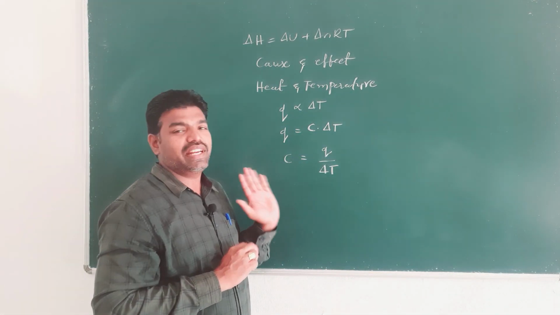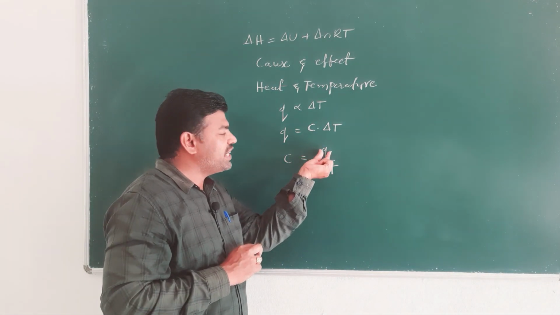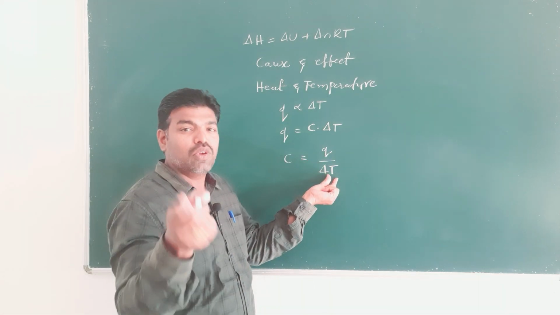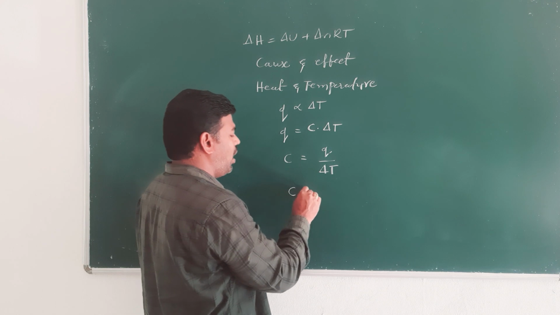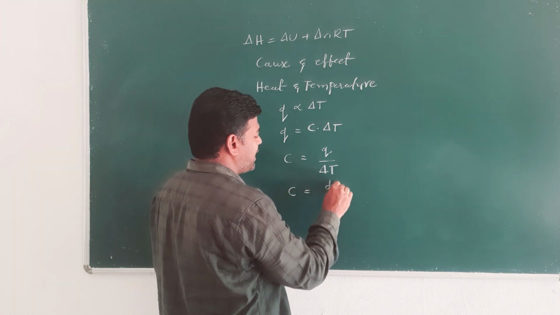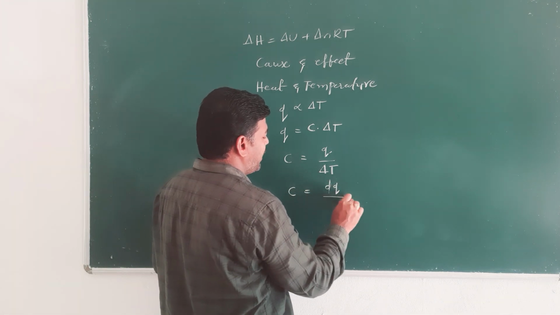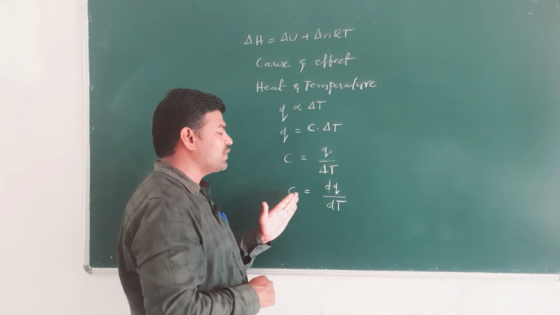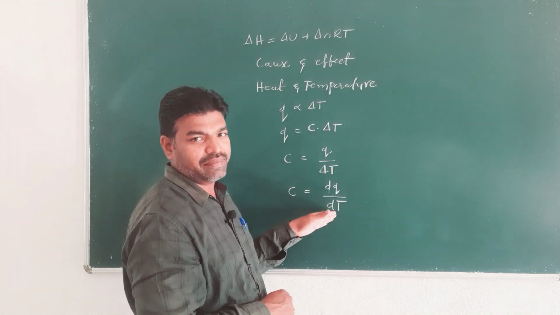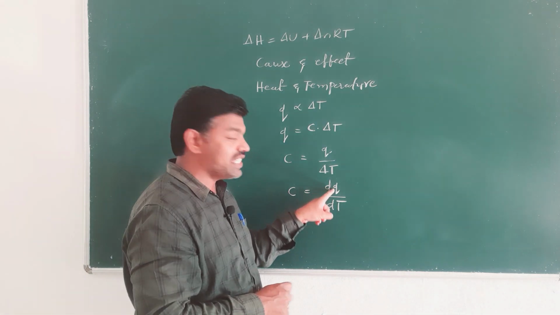So, C is heat capacity, that is the amount of heat required to raise the temperature of the system through 1 degree centigrade. For infinitesimal changes, for small changes, we can write C is equal to dQ by dT, where Q is a path function.